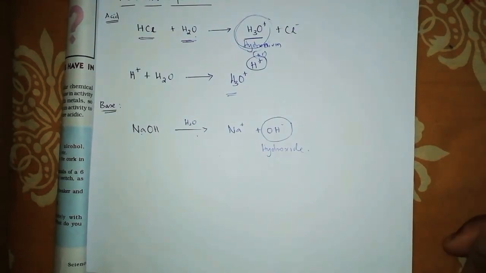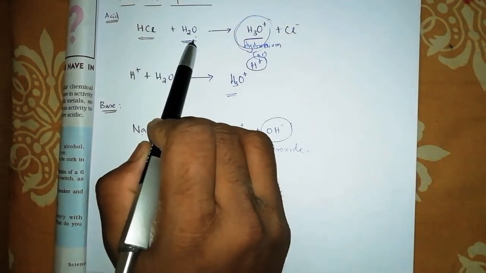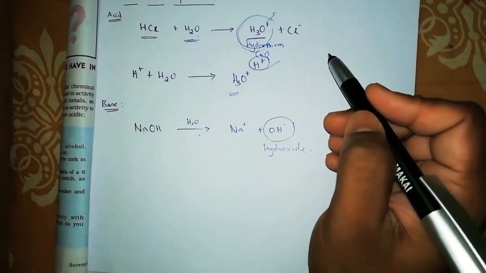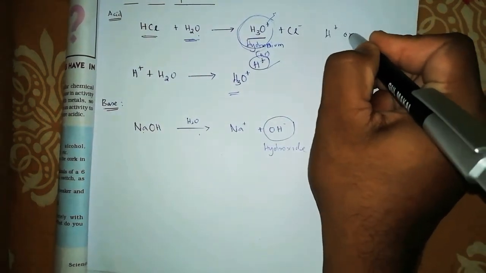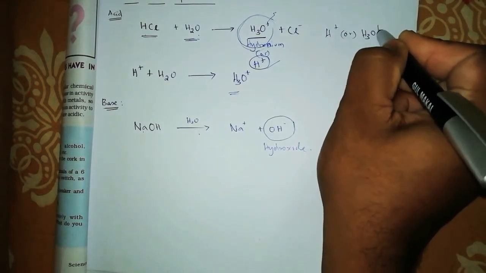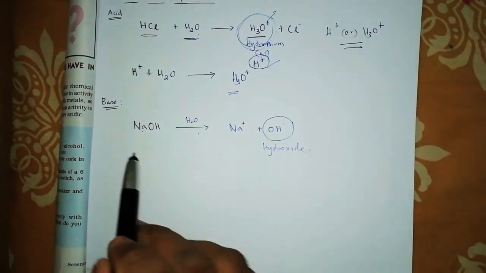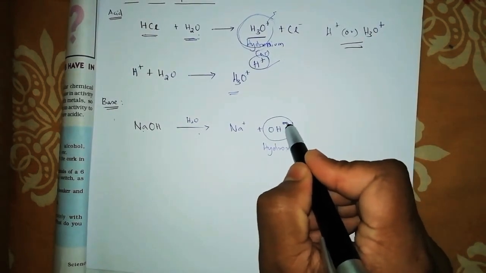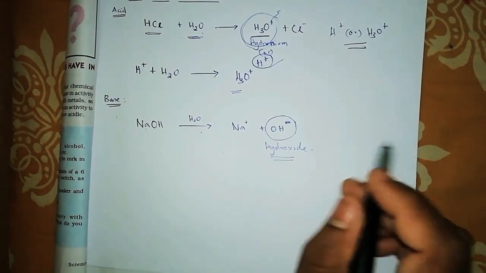Always keep in your mind, when an acid reacts with water, it produces hydronium ions, H plus or H3O plus ions. But when a base reacts with water, it always produces hydroxide ions, OH negative ions.